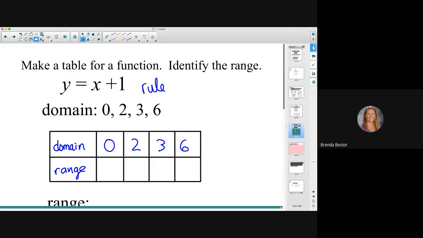If you put in a 0, 0 plus 1 is 1. 2 plus 1 is 3. 3 plus 1 is 4. 6 plus 1 is 7. As I said, the math isn't going to be challenging today. All it's asking you to do is add 1 to the 4 numbers. It's a matter of keeping track of what's domain and what's range.